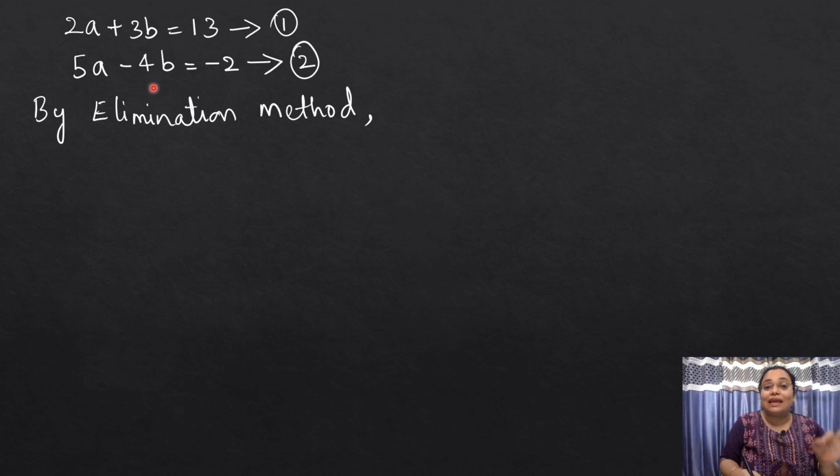No, they are not equal, right? So, we need to make the coefficients of the variables equal. Here I would like to eliminate the b variable. For that we will multiply the first equation with 4 and multiply the second equation with 3.